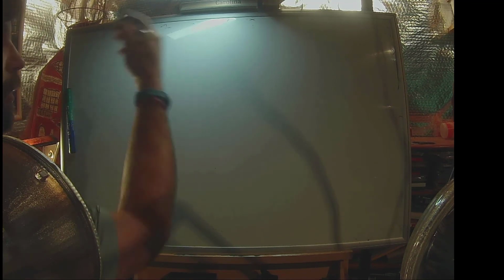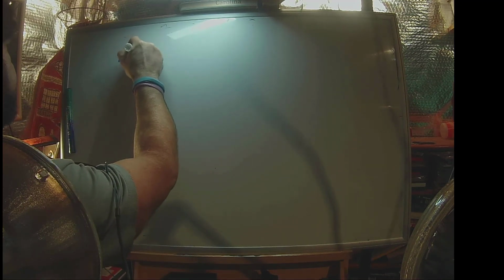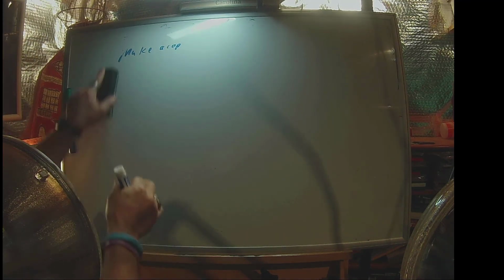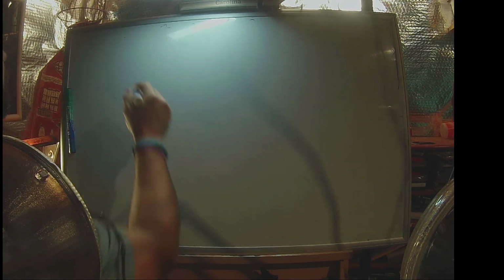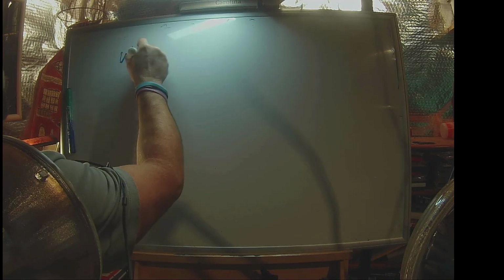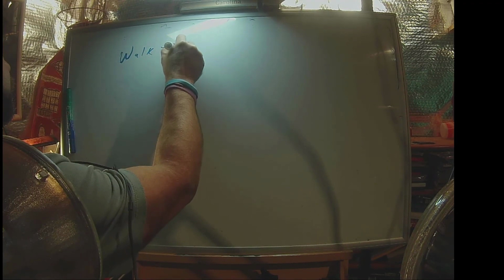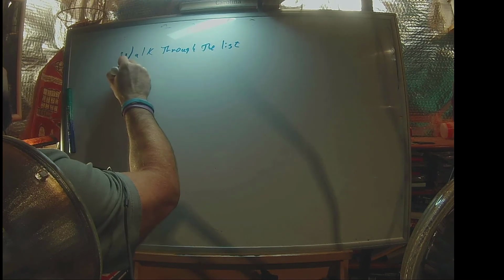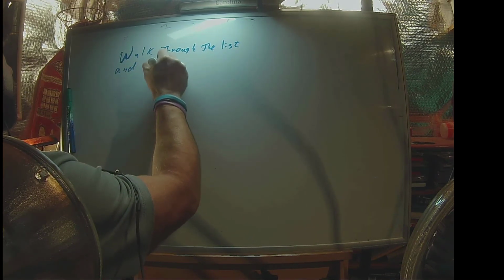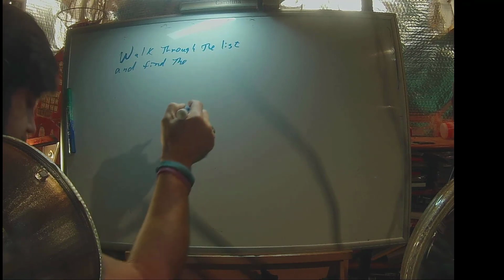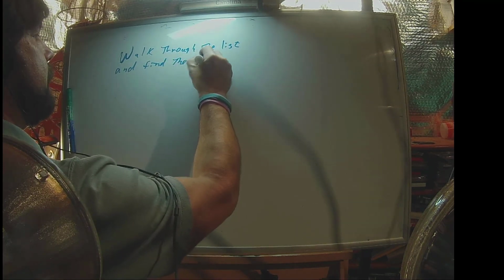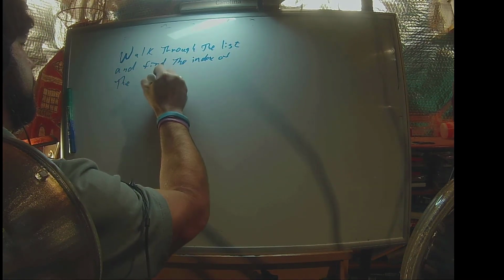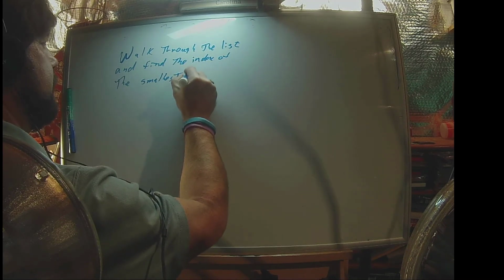We're going to make a copy of the list. Well, we don't even have to do that yet. We're going to walk through the list and find the index of the smallest element.